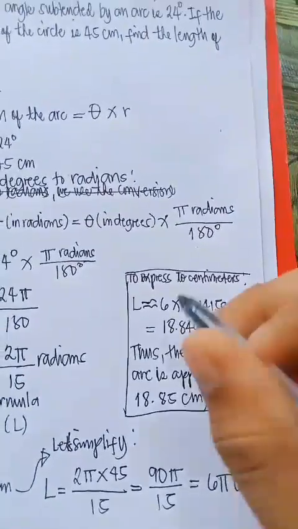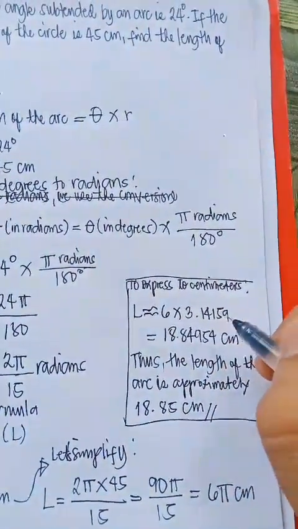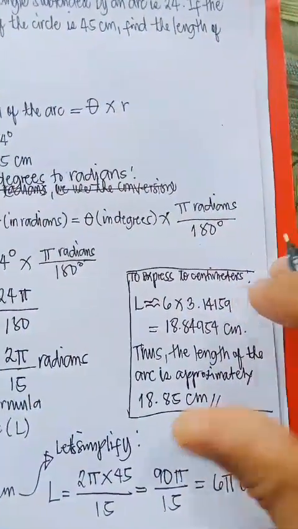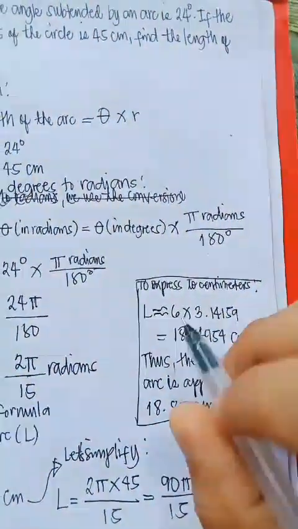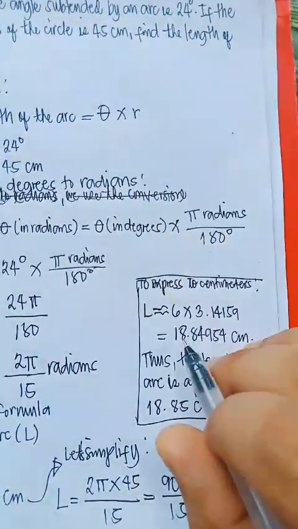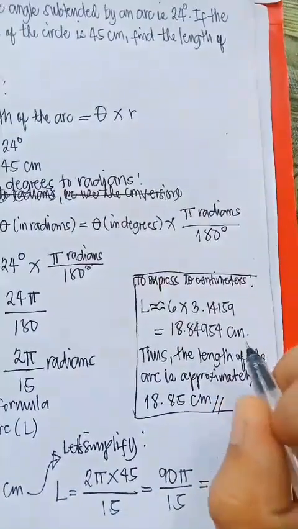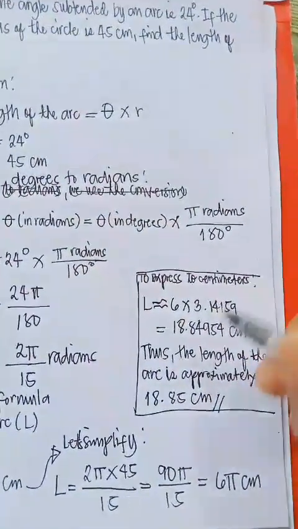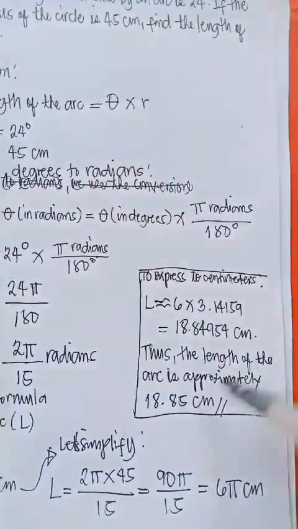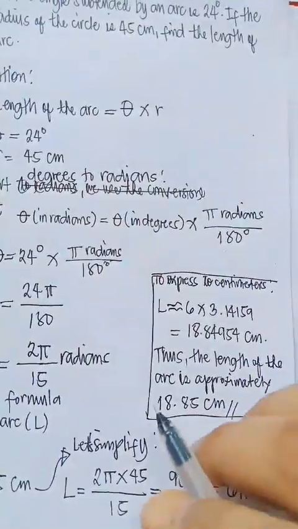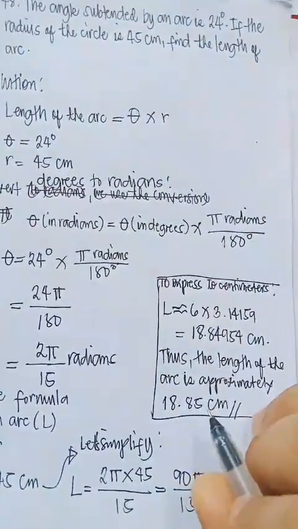This 3.14159 is the approximate value of our pi. So if we calculate this, we get 18.84954 centimeters. Thus, the length of the arc is approximately 18.85 centimeters.